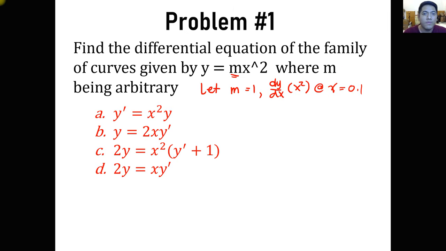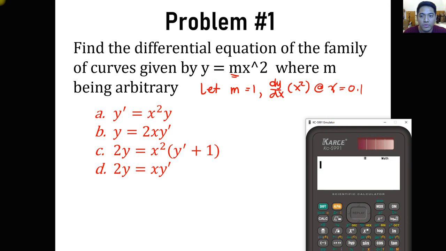Whenever we try to solve DE, we should let the arbitrary constant equal 1, and we should let the independent variable x equal 0.1.